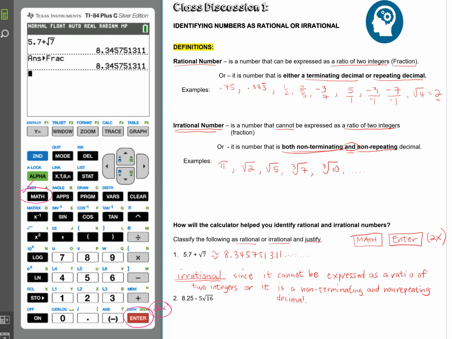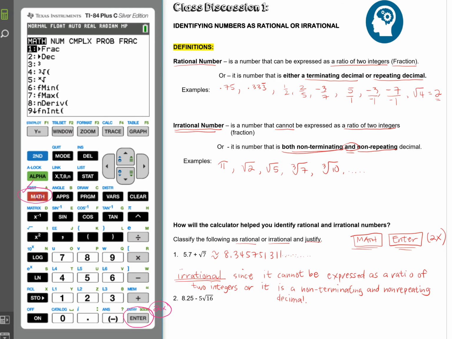The second one, just enter that in the calculator. So you have here 8.25 minus 5 times second square root of 16, and press enter. Now use math, enter again to see whether you can actually convert this into a fraction.